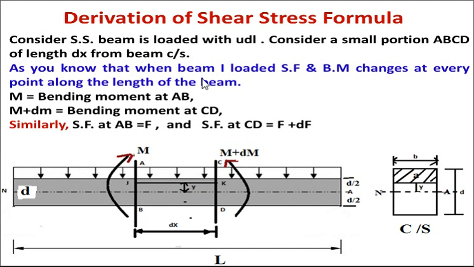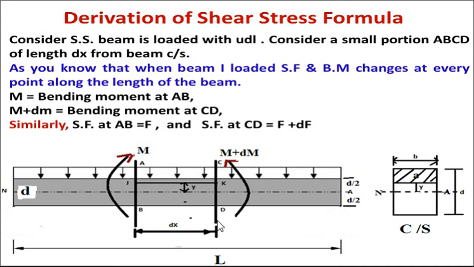As you know, when a beam is loaded, there will be shear force and bending moment. They change from point to point along the length of the beam. Let us assume that M is the bending moment acting at AB. At this face I have assumed the bending moment as M, and there is a distance of dx between AB and CD.